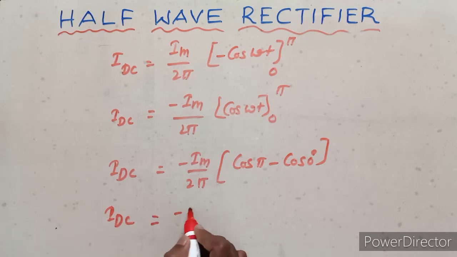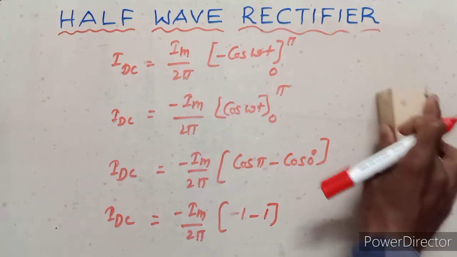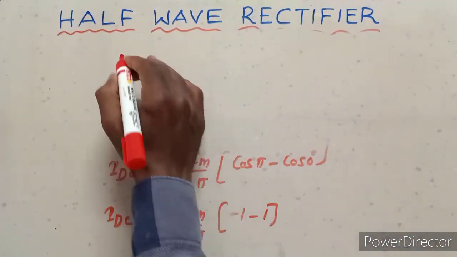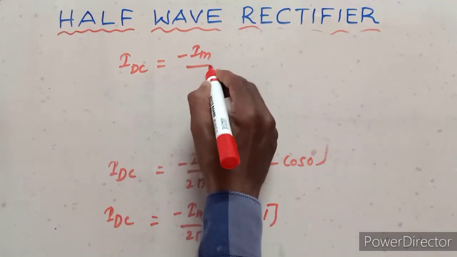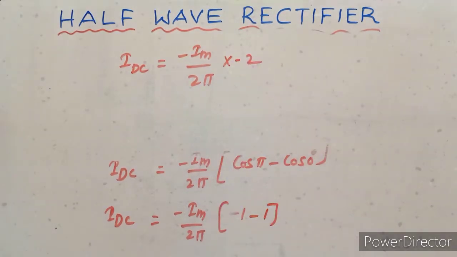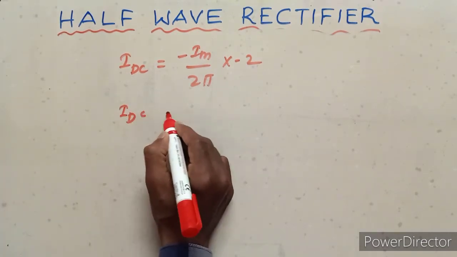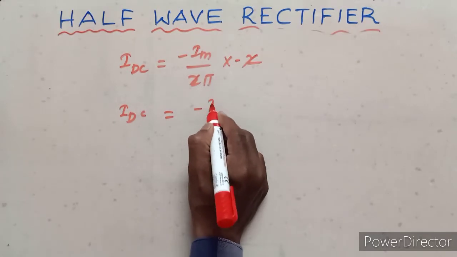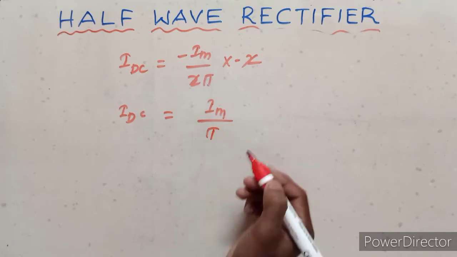Cos pi is minus 1, cos 0 is 1. So the DC current equals minus Im upon 2 pi times minus 1 minus 1, which is minus 2. The 2 cancels, minus into minus gives plus Im upon pi.